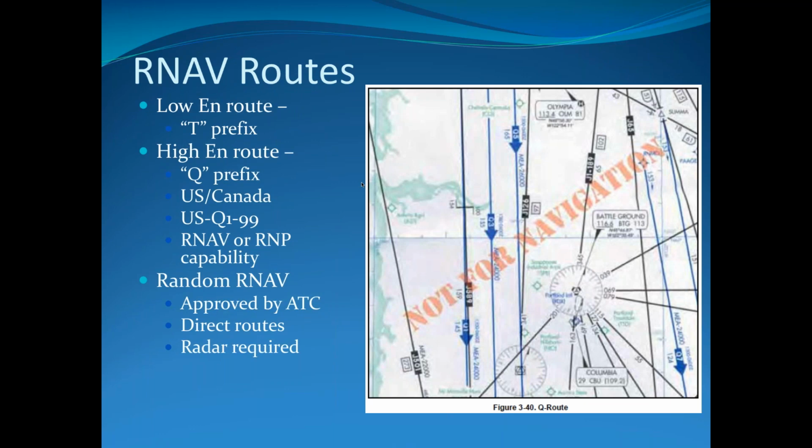And I think that may have changed just a little bit in recent years. I'm not 100% sure. I need to check, but yeah, US routes are Q 1 through 99. And the aircraft has to be RNAV or RNP capable in order to use these waypoints.